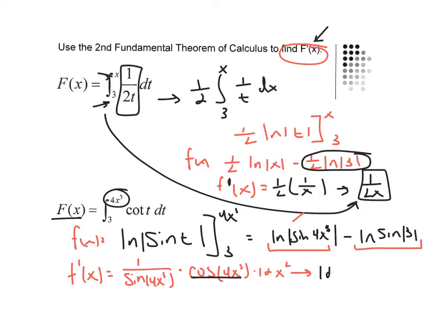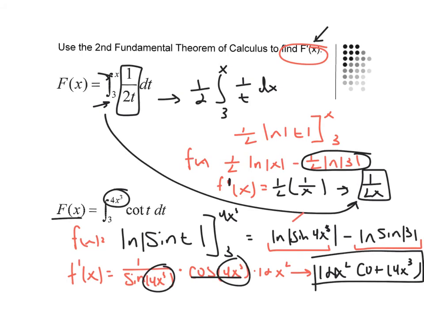I'm going to throw the 12x squared in front, and that becomes cotangent of 4x cubed. And that works as long as you have the same thing inside both. Okay, so this would be your final answer, which is a little bit different than what you had originally.